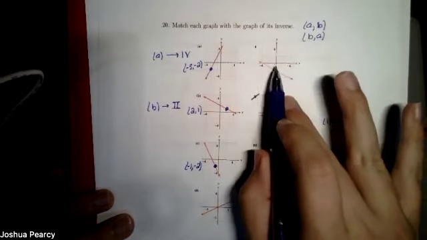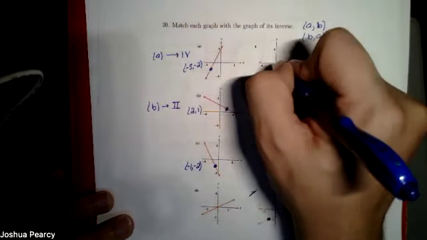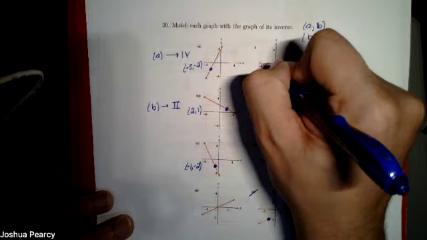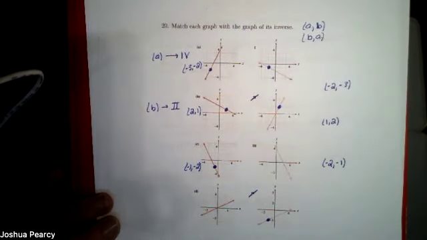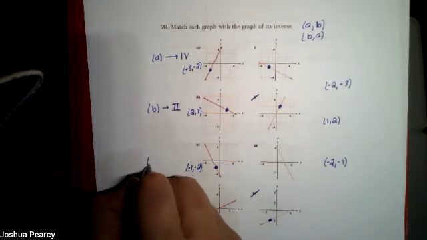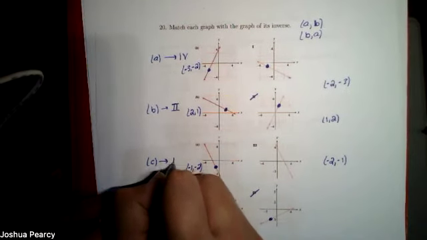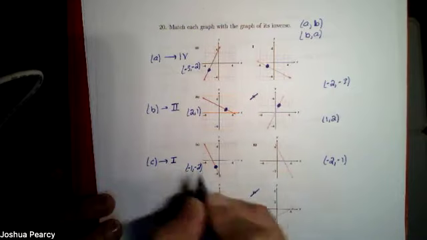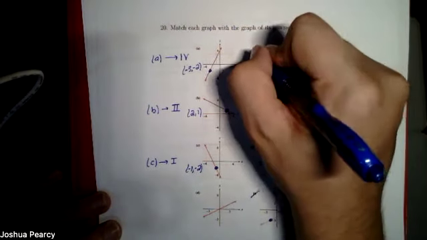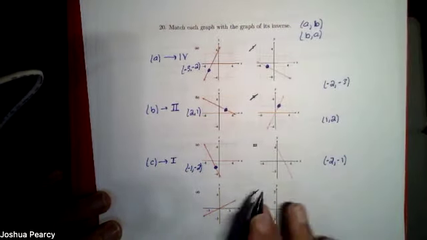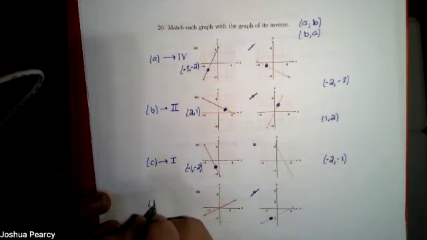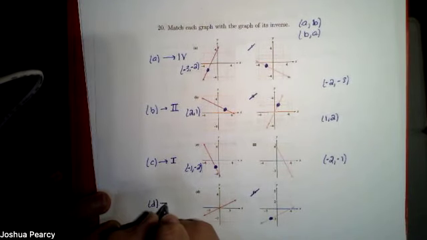So when I look over here, (-2, -1), it's this graph up here, number 1. So that means that C has inverse graph 1, and then here the only option left for D is 3. So D is going to go to 3.